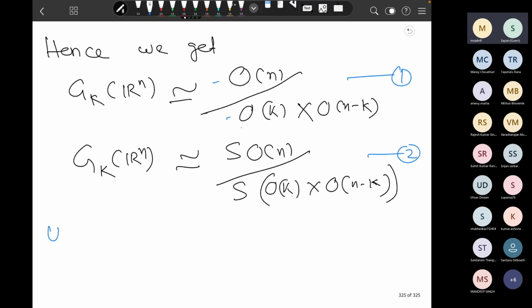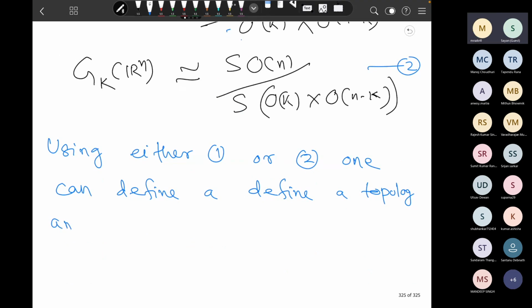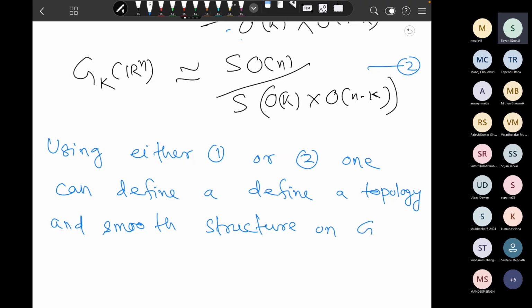So using either 1 or 2, one can define a topology and smooth structure on G_k(R^n).